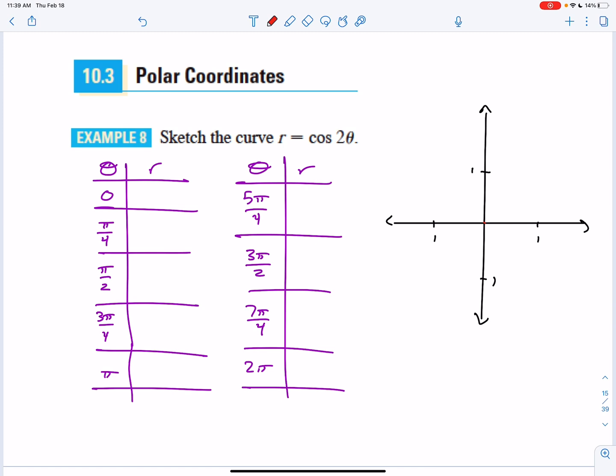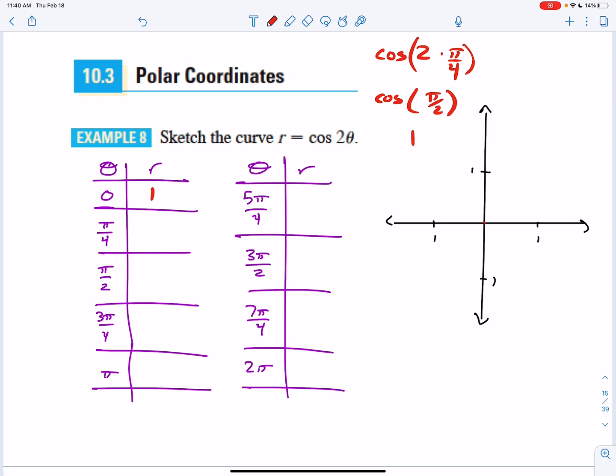So when I plug in 0, I get the cosine of 2 times 0, which is the cosine of 0, which is 1. So I'm going to put 1 there. Okay? So I'm going to do the scratch work on the side just to show you guys. So the next one, the cosine of 2 times pi over 4, that comes out to the cosine of pi over 2.